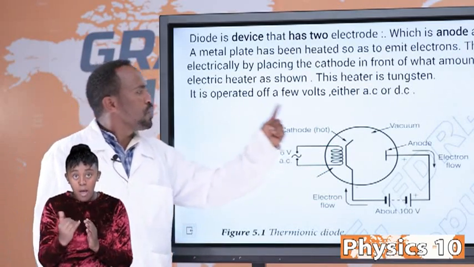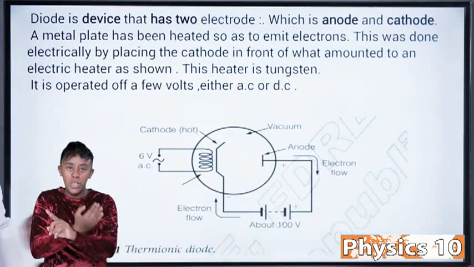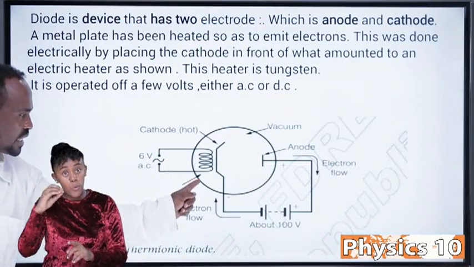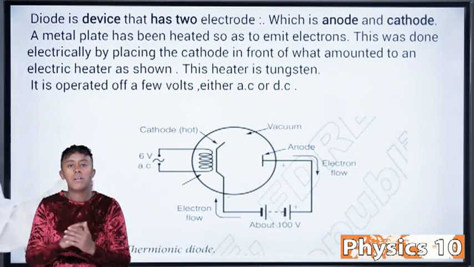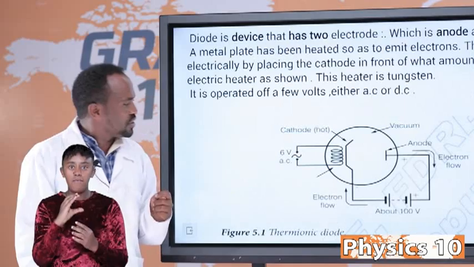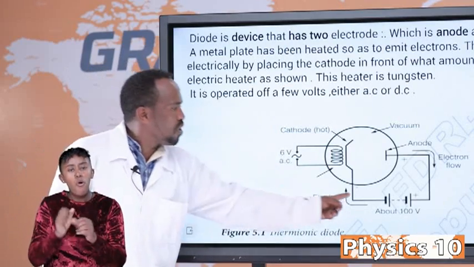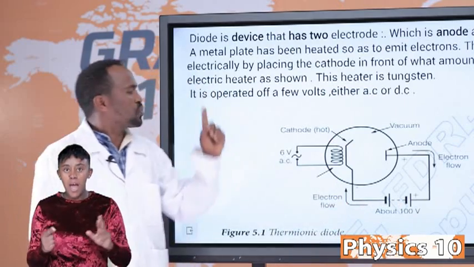That is why we connect the anode at positive potential and the cathode at negative potential. The source of our voltage is AC, alternating current voltage, and there is electron flow from right to left to the cathode.